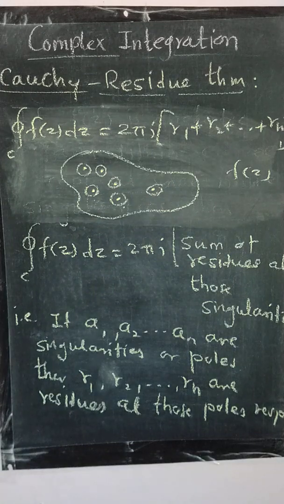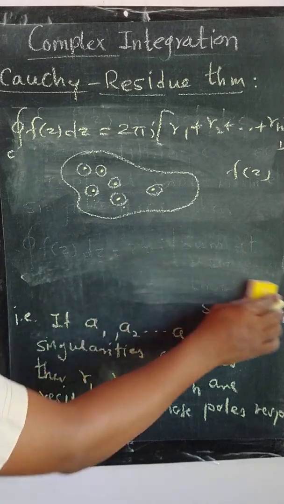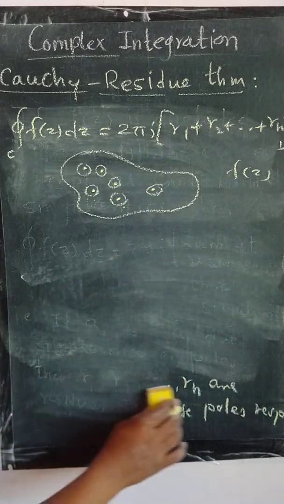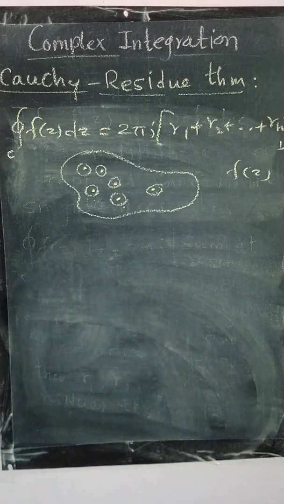Now what is meant by residue? We have the formulas of residue: residue at a pole of order 1 and residue at a pole of order more than 1.